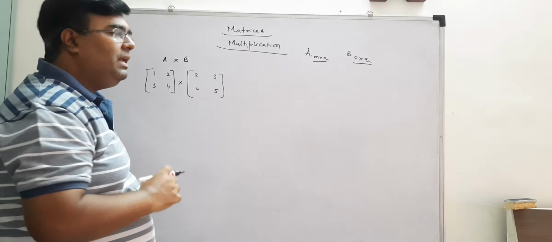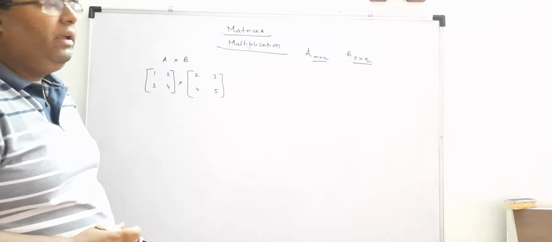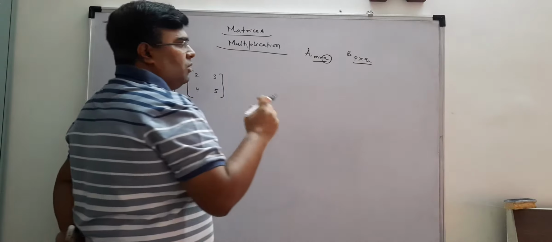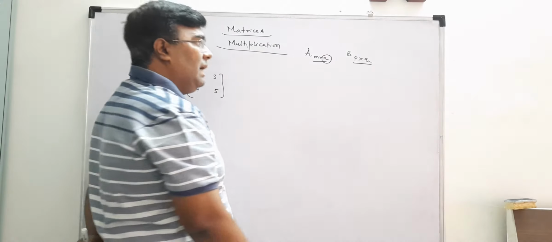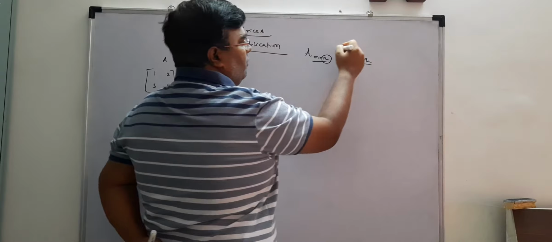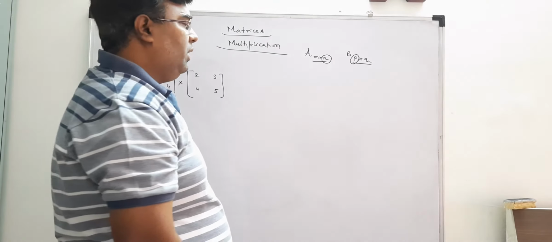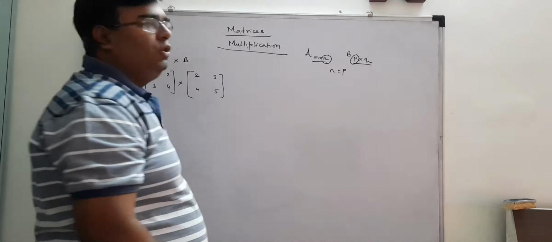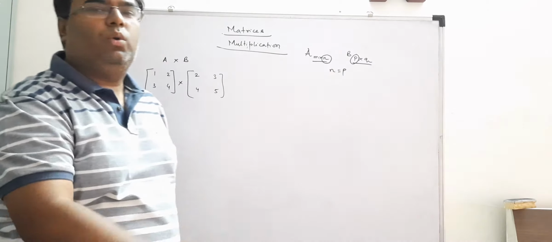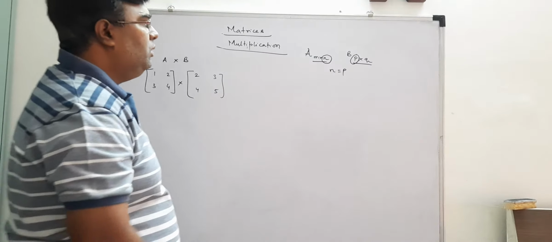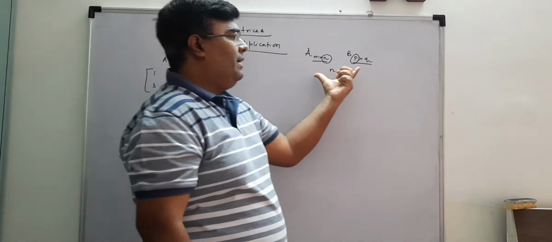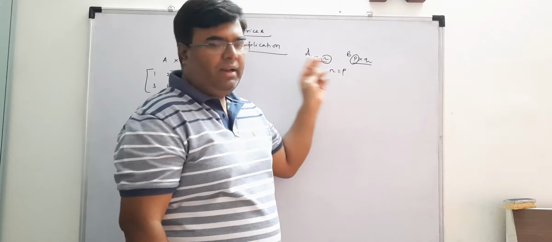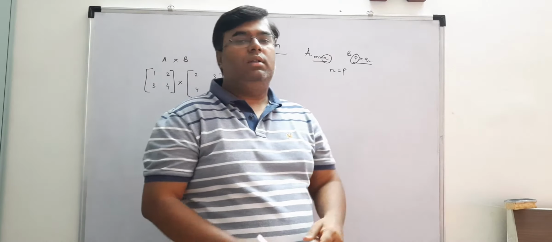Now you can multiply these two matrices only if the columns of the first matrix is equal to the rows of the second matrix. So if and only if n is equal to p, you can do this multiplication, otherwise you cannot.